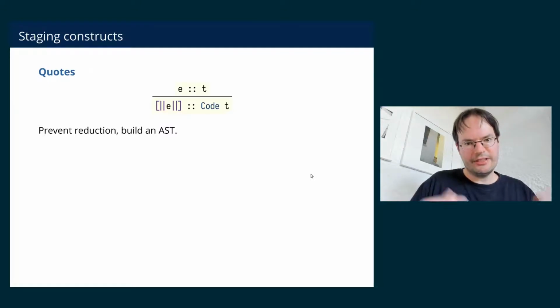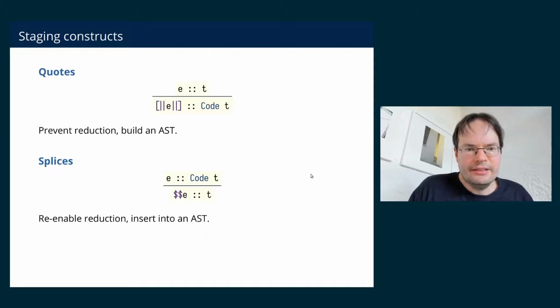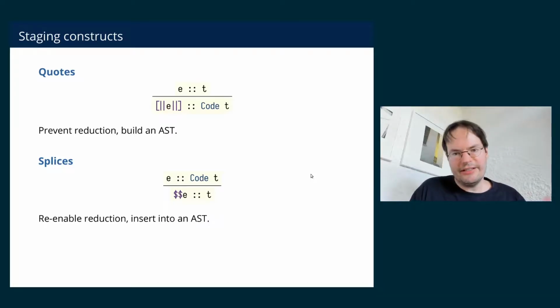We're just building an AST that is representing this expression for a later use. And internally, actually, this code type is mapped to Q of TExp of A, if you're familiar with template Haskell internals. But we don't care about this for the remainder of this talk, so we'll just look at code as if it was abstract. And then there is a splicing construct.